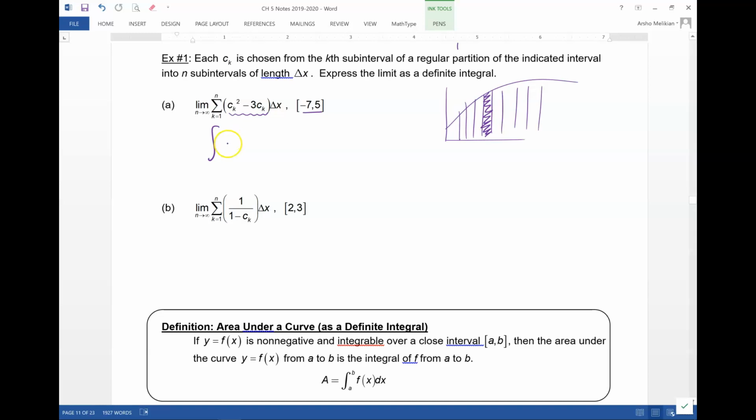They're taking some random strip where it's evaluated at c, a random x value. When you plug in c into the function, you get c squared minus 3c. The original function was x squared minus 3x. Delta x translates to dx, and this goes from -7 to 5.